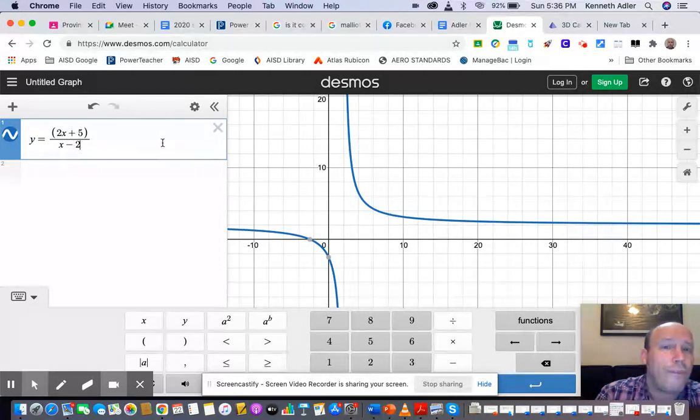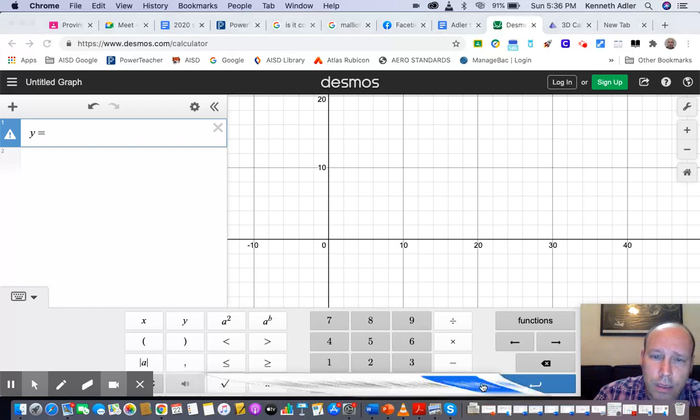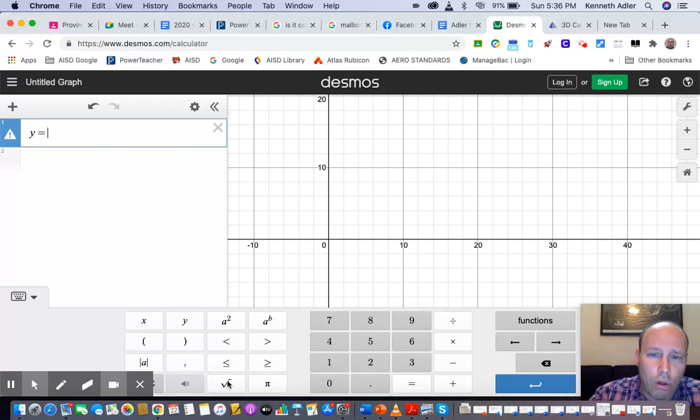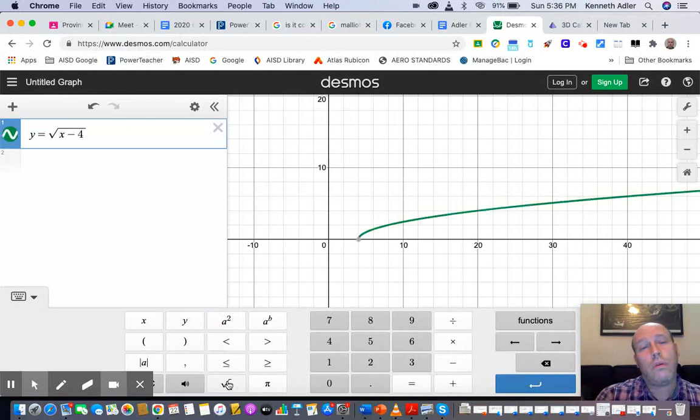So let's continue with our thinking about the domain. Let's look at radical functions. We have y equals the square root of x minus 4. You notice the x values start at x equals 4.